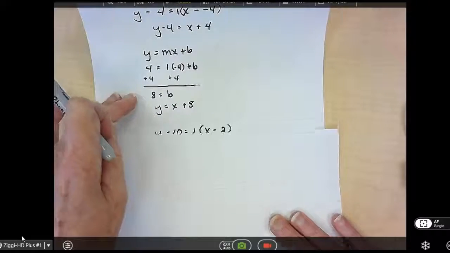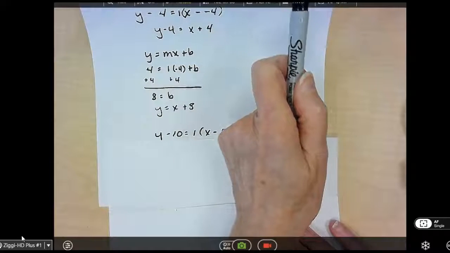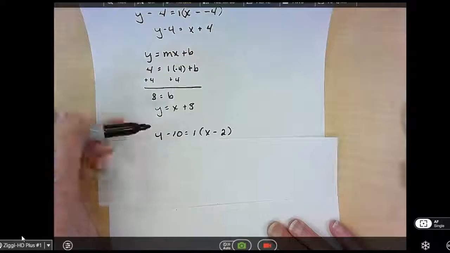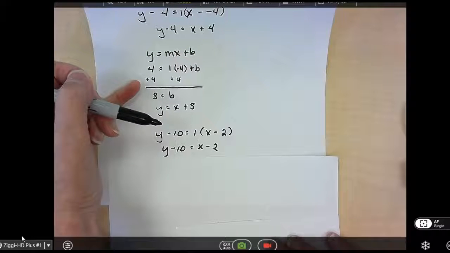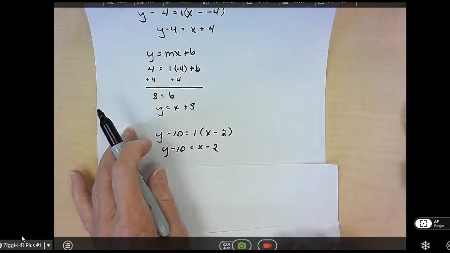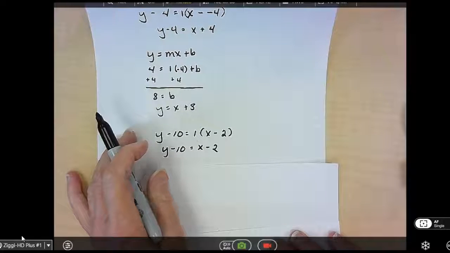And if I'd use the other point of 2, 10, put in 2 for x, 10 for y, I would have y minus 10 equals x minus 2, add 10 to both sides, and I'd have y equals x plus 8.